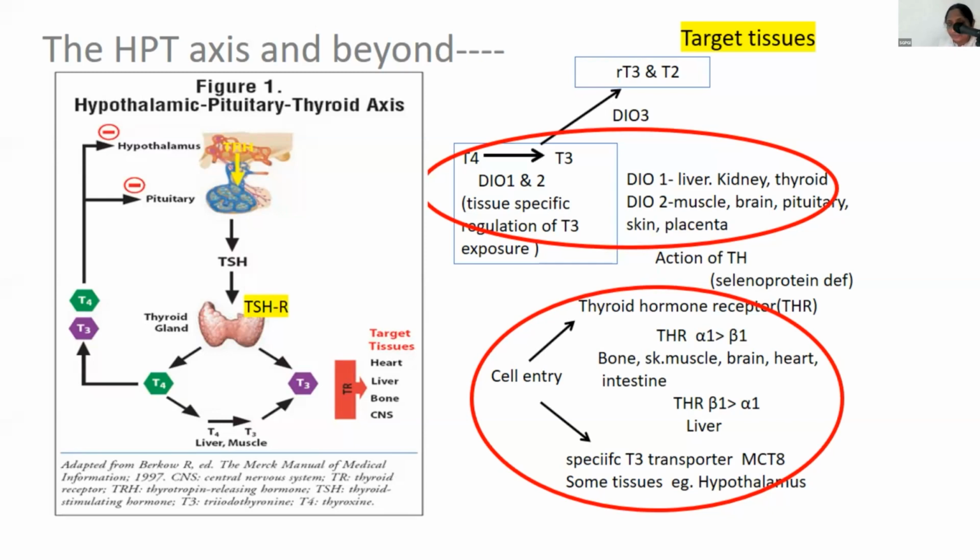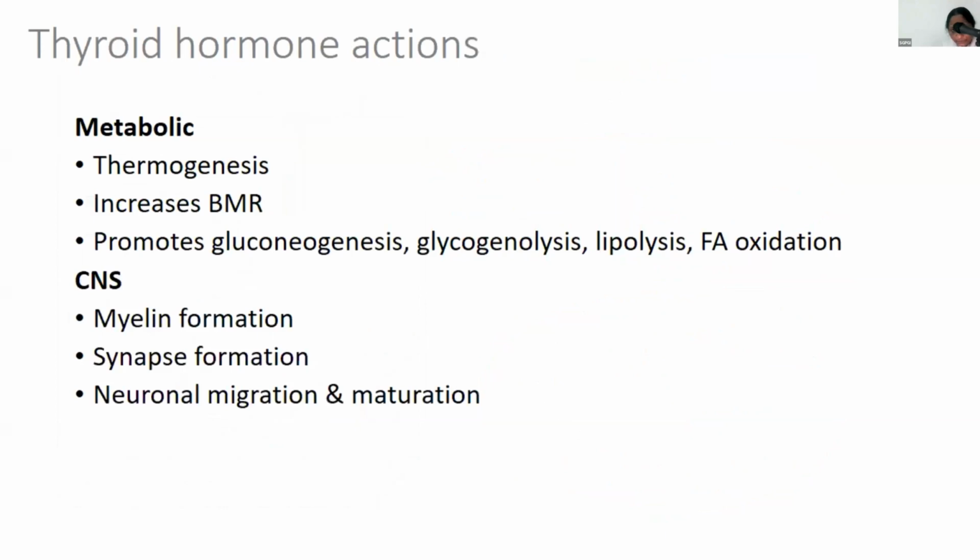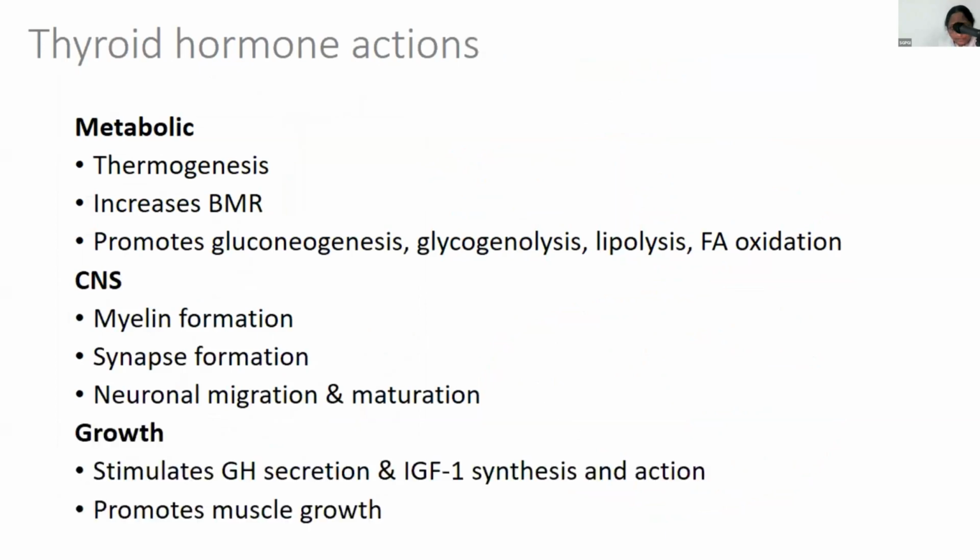So it's a very complex process, and knowledge of this is really important when we consider complex thyroid function tests. Once it's produced, its primary actions are metabolic, and in myelin formation, neuronal migration, and maturation. That is why delay in diagnosis of congenital hypothyroidism can have very drastic consequences on neurocognitive outcome, and it also has an impact on growth.